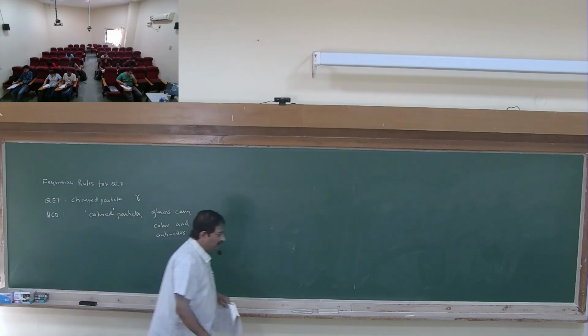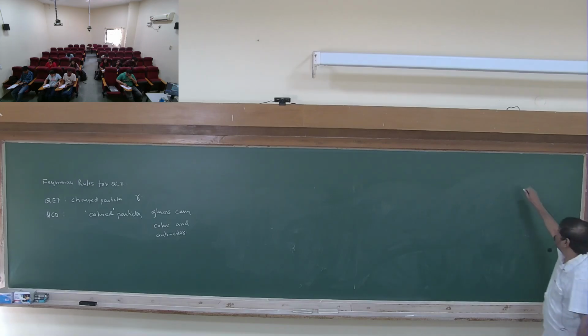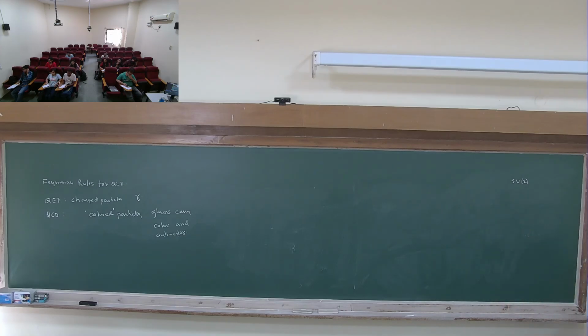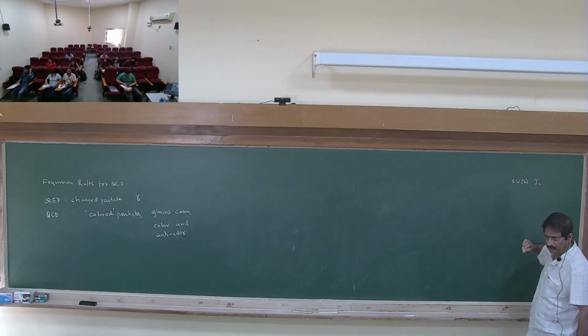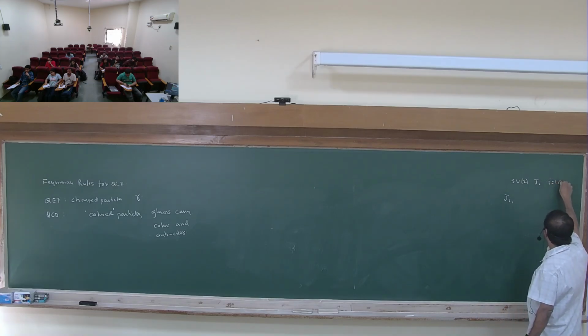Since you asked me about that joint representation, let me ask you, in the SU2 case, how do you know how to define the three generators? Okay, let's call them J_i like this. So how many J_i are there in SU2? Three of them. i equals 1, 2, 3.